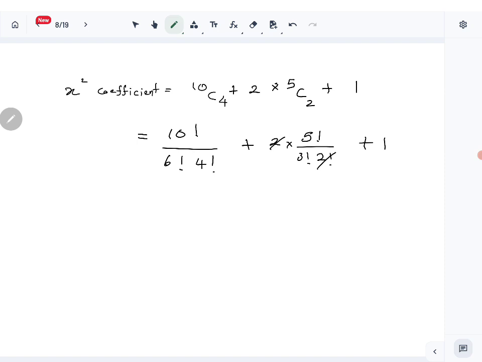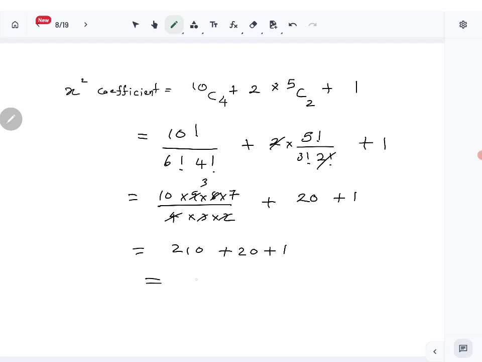So simplify, you get what? 10 times 9 times 8 times 7 over 4 times 3 times 2 here. This one simplifies into what? 5 over 4, 20 here, 1. Now this one I can cancel like this. So 210 plus 20 plus 1, right? That is what we want, 231. So that is question number 4, right? Next we'll look at question number 3.